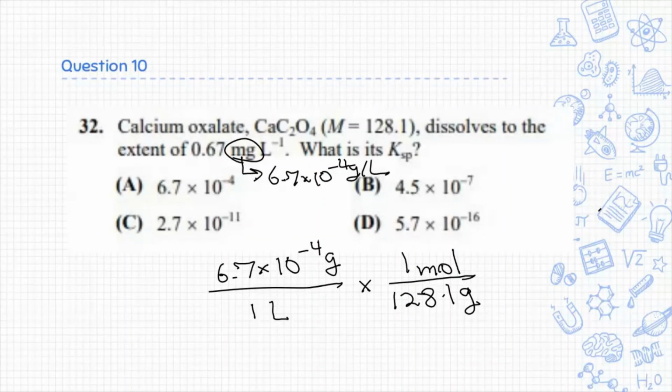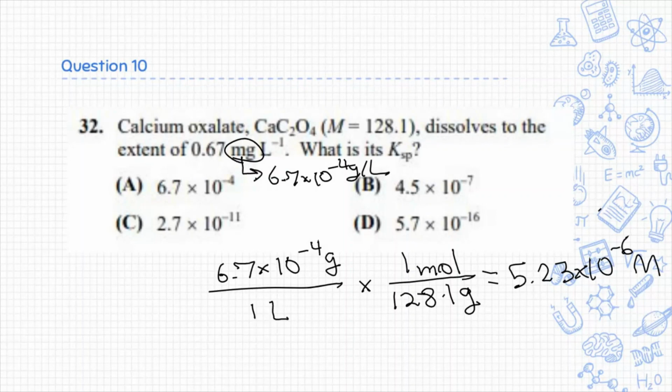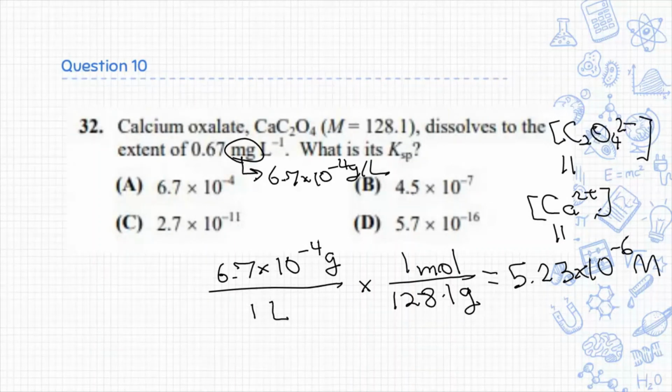But anyways, if we calculate this, we should get something like 5.23 times 10 to the negative 6 molarity. Because this is essentially the concentration of the calcium ions and the concentration of our C2O4 2 minus, or what we call oxalate anions.